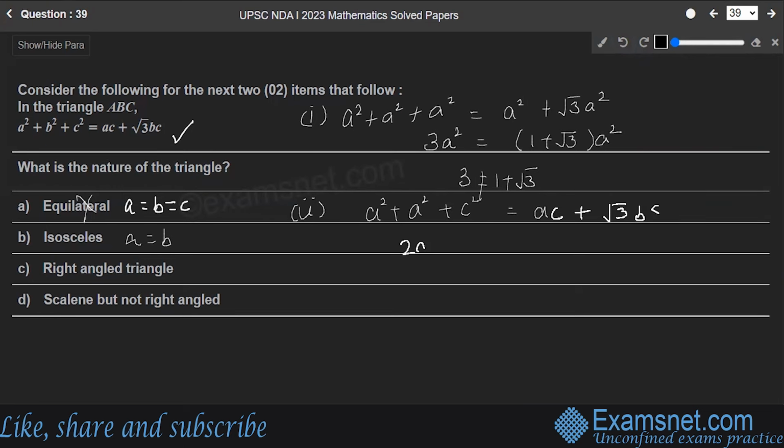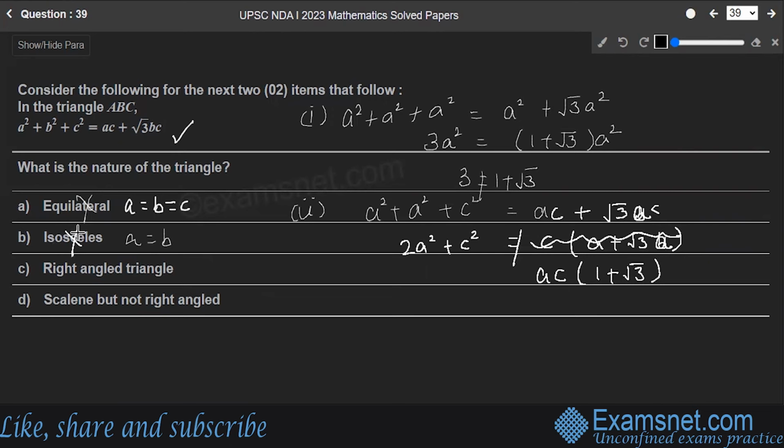So this will be 2A square plus C square is equal to C will be taken common, A plus root 3B, which is again incorrect. 2A squared plus C squared is not equal to this. So I can write here A only, this will be equal to AC into 1 plus root 3, which is not true. That means B is also incorrect.